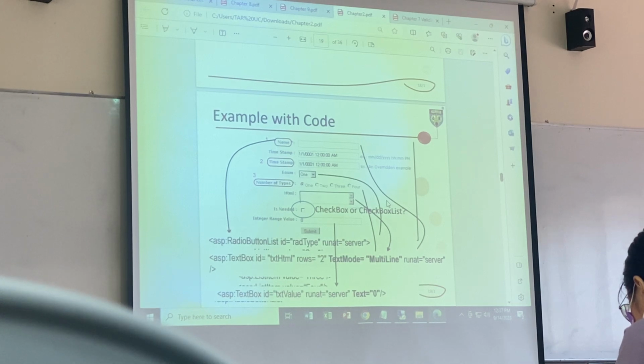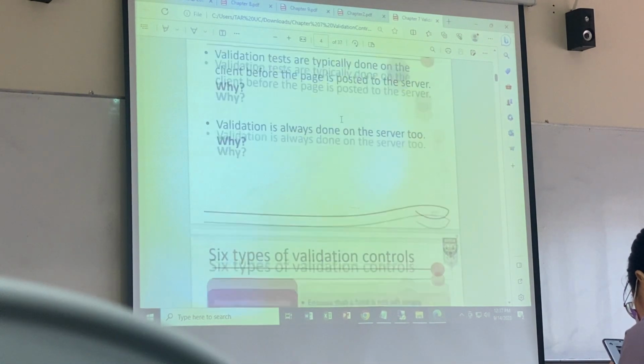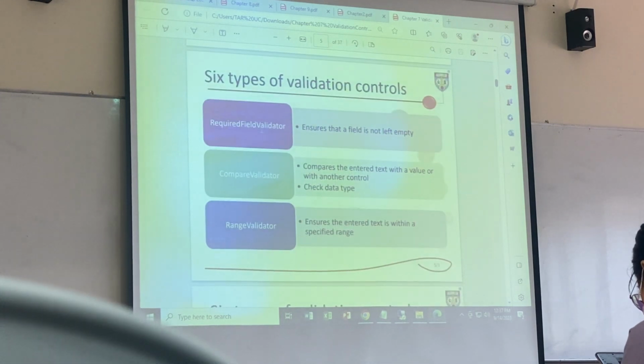So based on the ones that you create for these marathon forms, then we go to chapter 7, validations. Validations, you have 6 types, right? So first, the name needs to be correct. Required field validator. If you put in required validator, it is wrong because the name is wrong already, right?